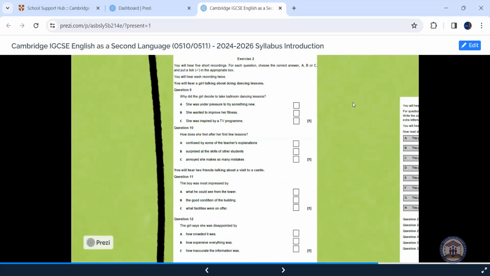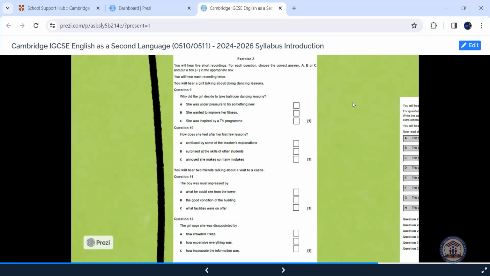So you will hear different people speaking, and these different people will have something to say in order to answer these questions. In the past, each question has a different speaker, but in the new syllabus, each 2 questions has a different speaker. So in the past, there were 10 speakers. Now there are 5 speakers.